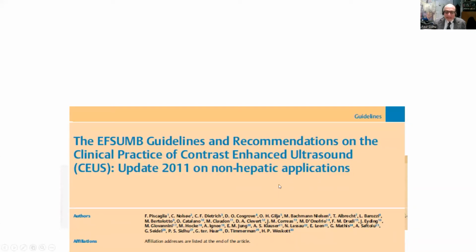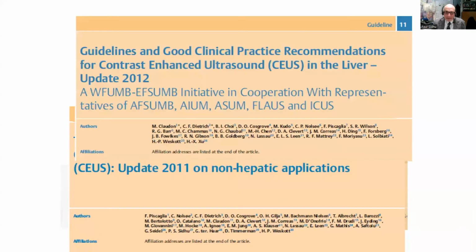But this was a learned society producing guidelines on using contrast-enhanced ultrasound outside licensing, which is fine because if you take responsibility as a physician and your patient agrees to this application, there is no issue for using it, particularly if it's evidence-based, and the guidelines prepare you for this.